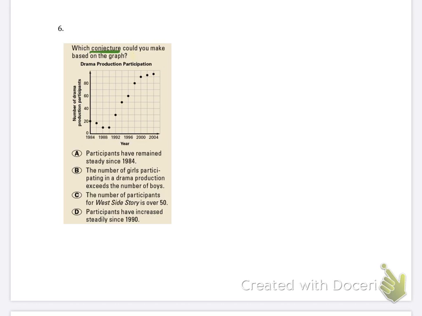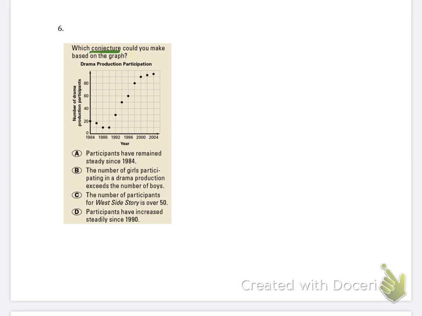So the first thing I would do is look at the graph. The graph is of drama production participation. The years are 1984 to 2004. And it says number of dramas produced, production participants. So it's telling me that the participants are on the vertical axis and the years are on the horizontal axis.